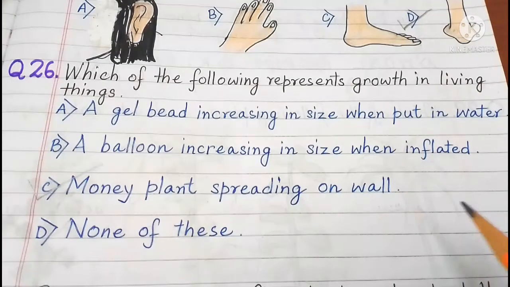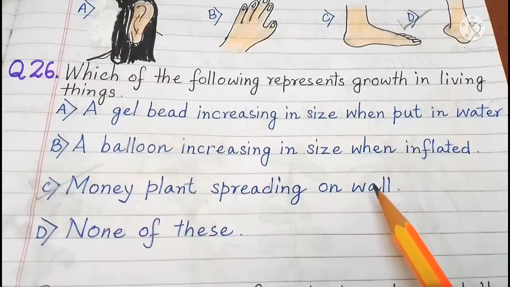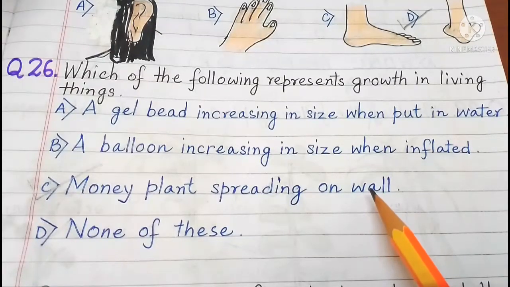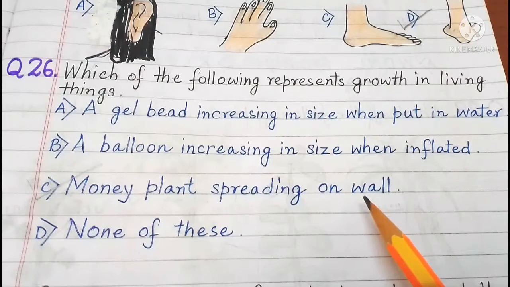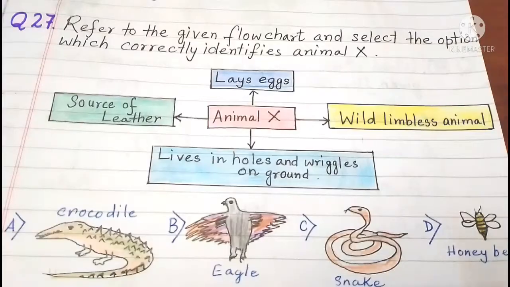So if you start with 20 leaves, then after 1 month, you will see that the money plant has got 35 to 40, even more leaves. The stem also becomes longer. The actual growth is a slow process. It's not like filling air in the balloon and immediately it gets expanded, which is very fast and immediate. So that cannot be growth.